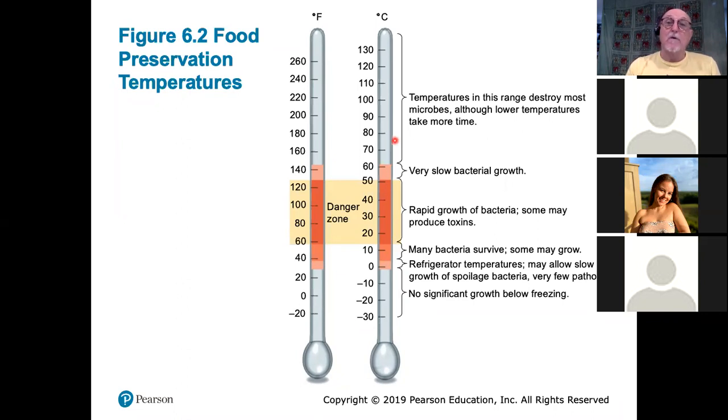And those spores are completely resistant in this range, right up to about 110 degrees Celsius. And if you want to kill off bacterial spores, you need to bring them up to this range of temperatures here. And in order to get water above 100 degrees Celsius, we need to pressurize it.